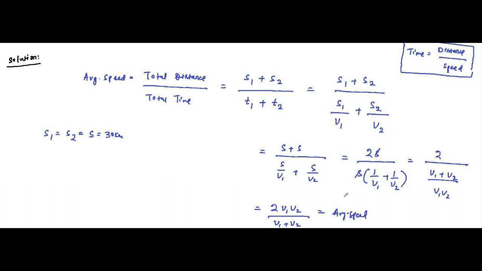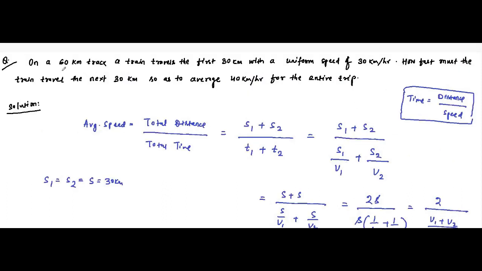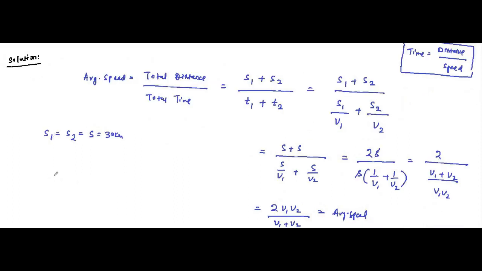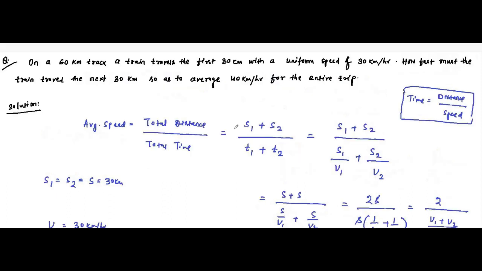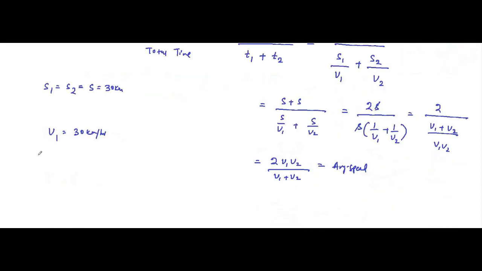It has been given that in the first phase the speed V1 is 30 kilometers per hour and the average speed required is 40 kilometers per hour.